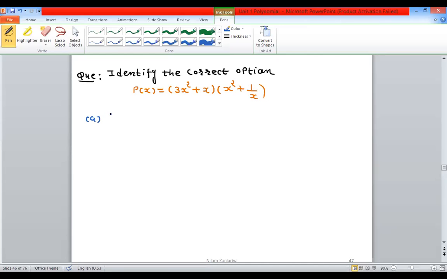Option A says P of x is not a polynomial. Option B says P of x has 5 terms.